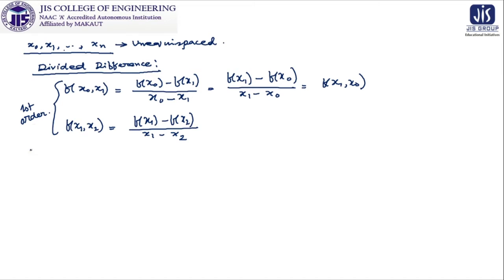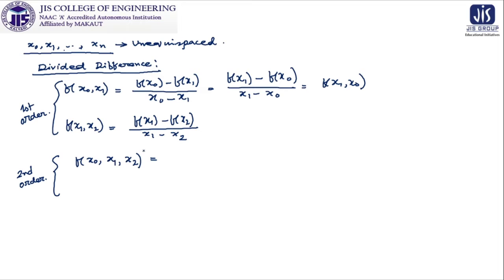Now, if we want to go for the second order divided difference, we have the notation f of x0, x1 and x2.